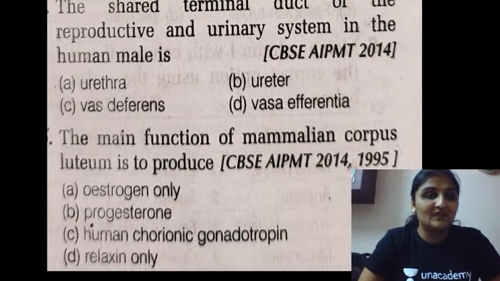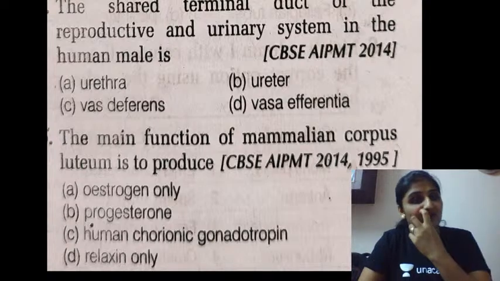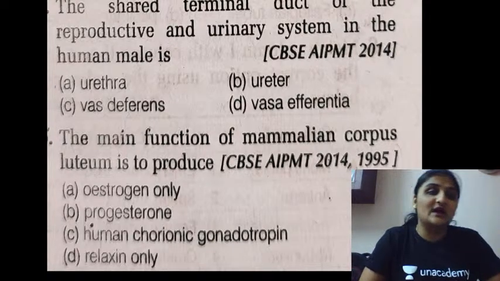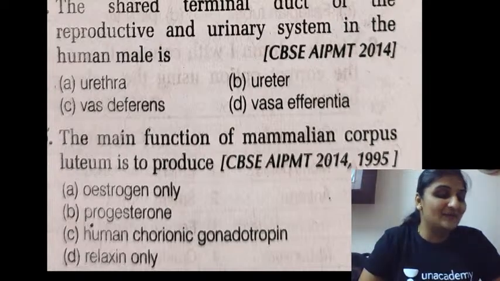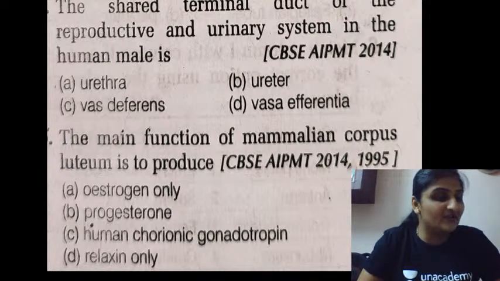Which organ or part of the male reproductive system is common for the urinary system and is also included under the reproductive system? Which is common for both reproductive and urinary system in male? Very easy. Come up with the answers fast.